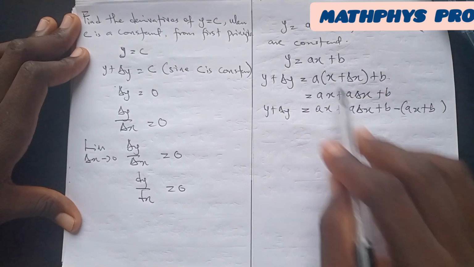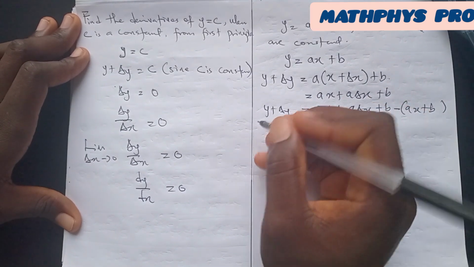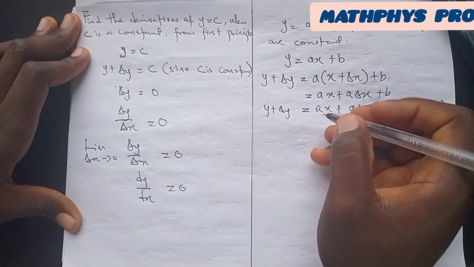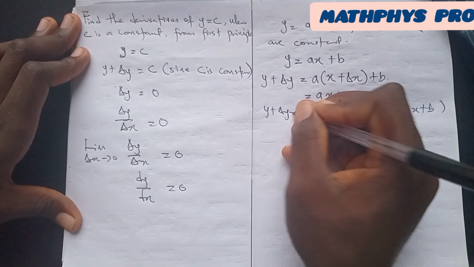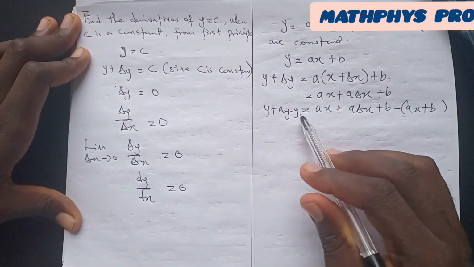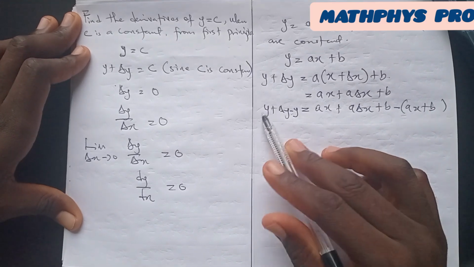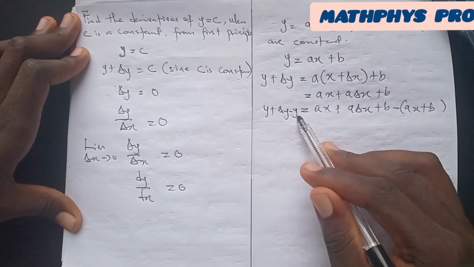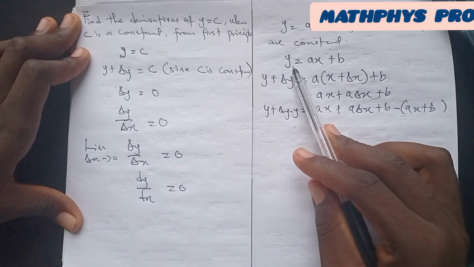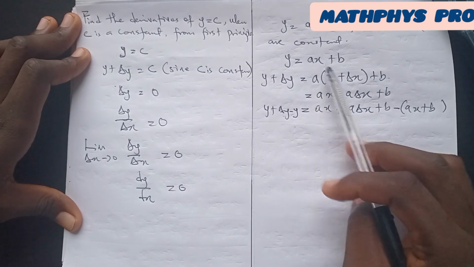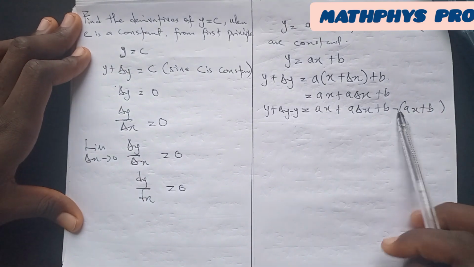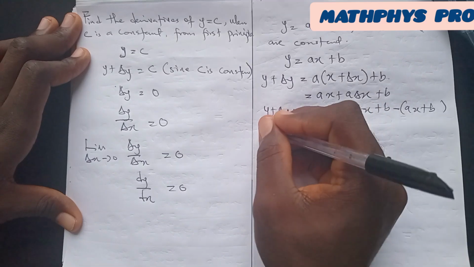Remember, y is equal to ax plus b. So we subtract y from both sides: y plus change in y minus y. Remember, y is equal to ax plus b, so on the other side, you put minus ax plus b.